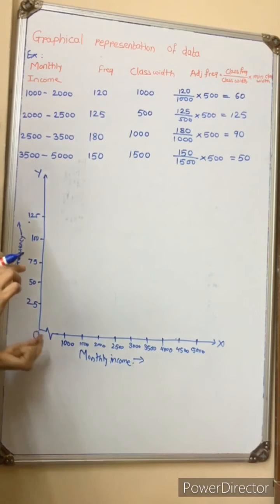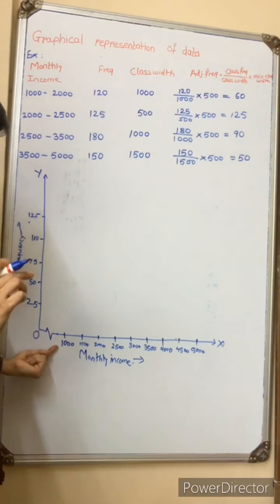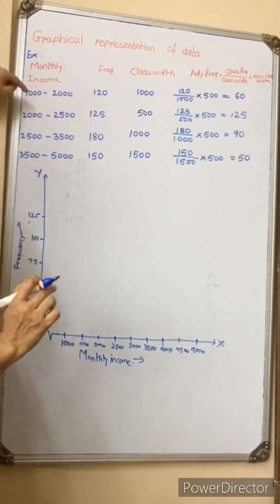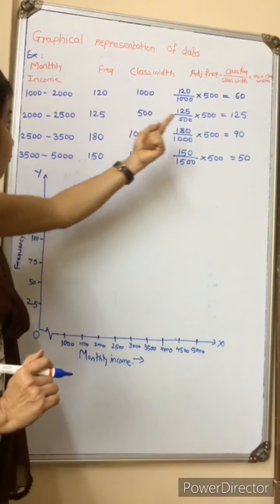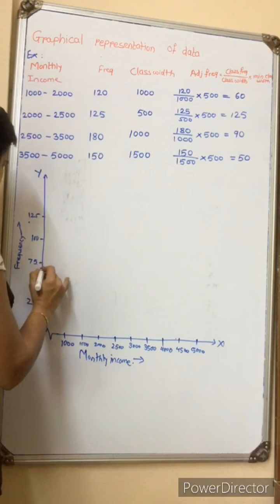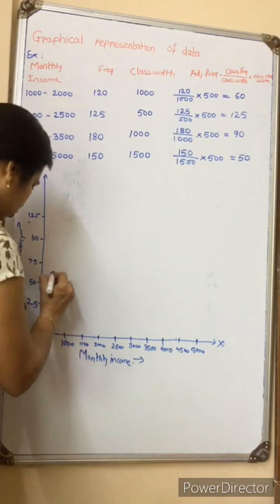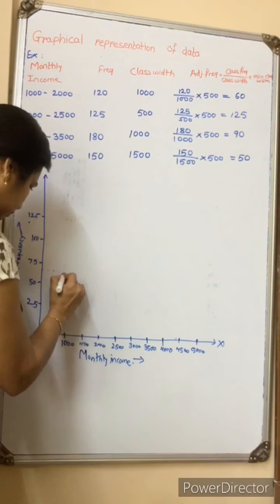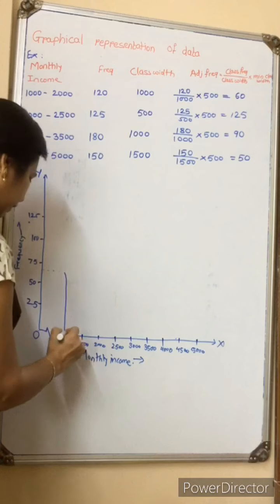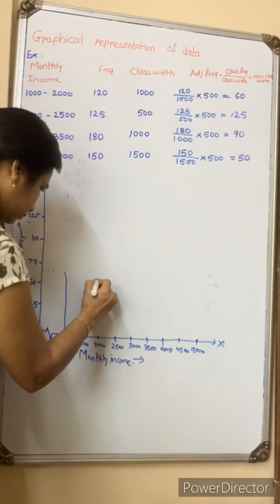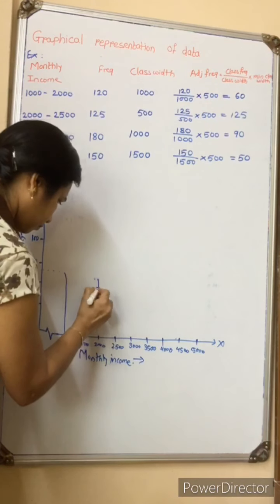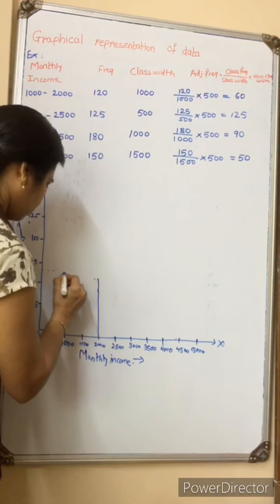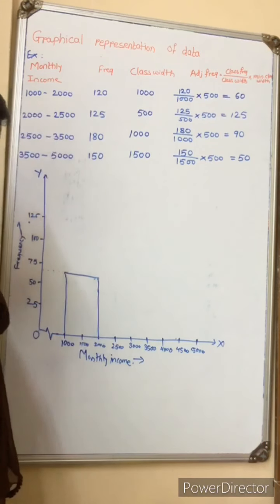Now what is the value for 1000 to 2000? See the class 1000 to 2000. For that class you have value 60. 60 is in between 50 and 75, it must be in between. So you have a proper bar here up to 2000.